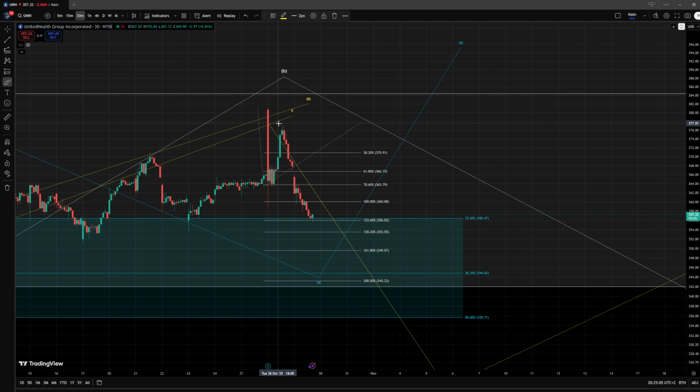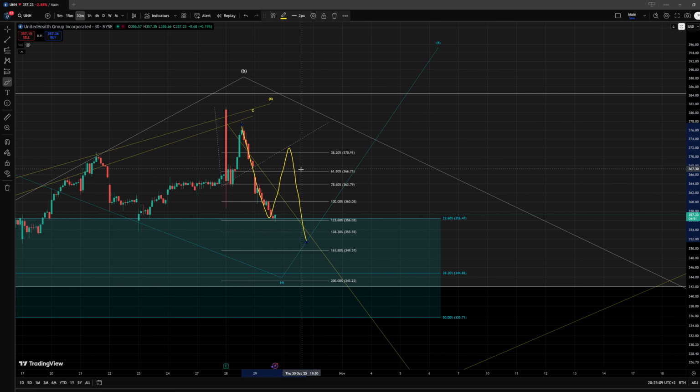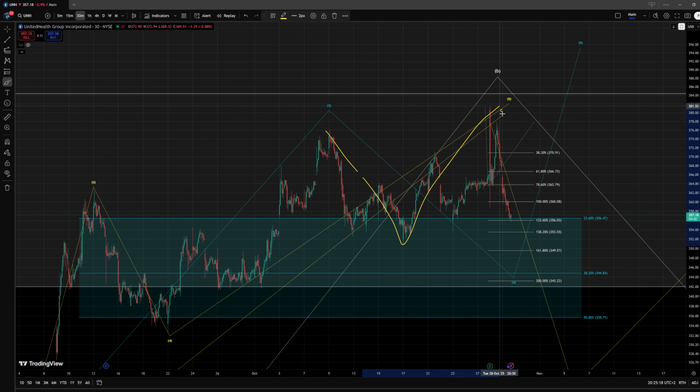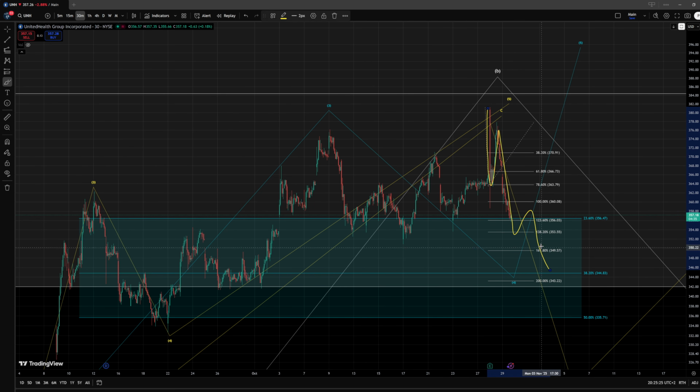We might be looking at some still further extension or something like an ABC pattern to unfold internally, where it could still develop as a larger ending diagonal. But generally, I am looking for a likely ABC pattern in this area, and in that case, yeah, we would like to see a 5-wave structure to the downside, but don't get too caught within the internals.